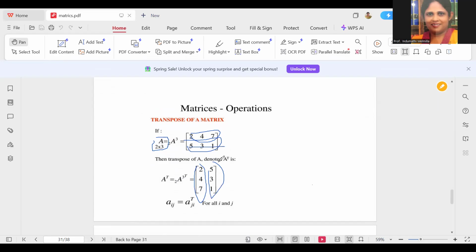The 5, 3, 1, then 5, 3, 1 this way. So this is the transpose of the matrix.